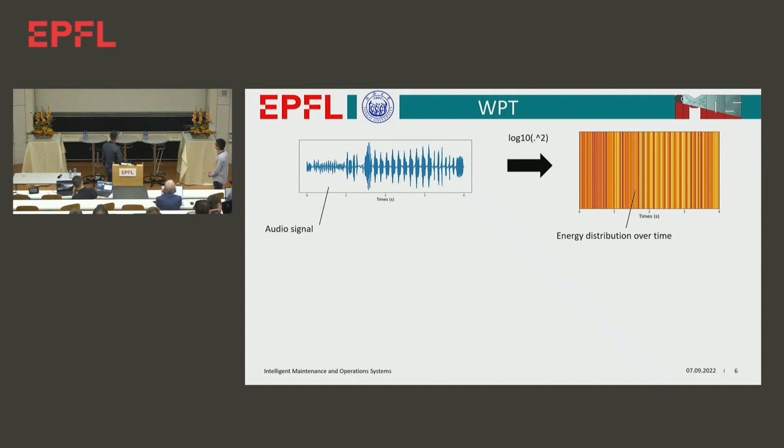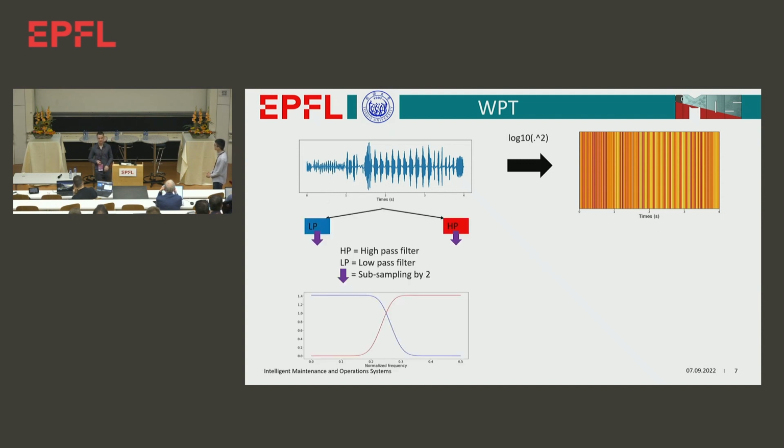And so the principal component of the wavelet packet transform is based on two simple elements, a low-pass filter and a high-pass filter. The frequency response of this low pass is represented here, and for the high pass here. And also there is a subsampling operation.